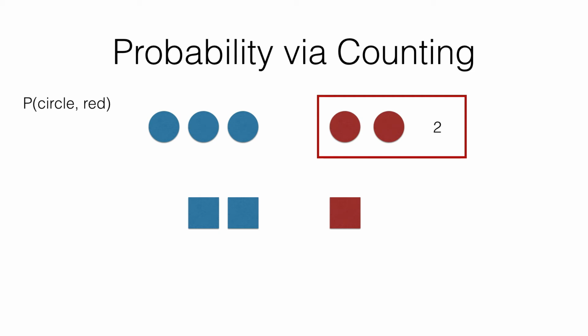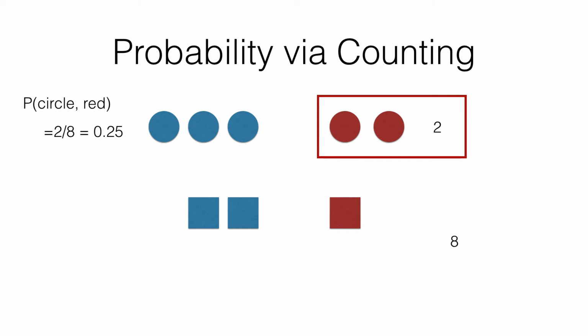So in order to compute the joint probability of circle and red, we have to then count how many samples have those properties, and then how many samples there are total. And there are 8 samples total on the screen. So the probability of circle and red is 2 over 8, which is 0.25.